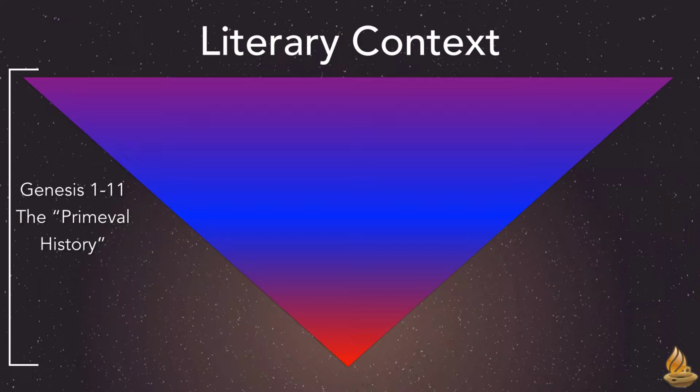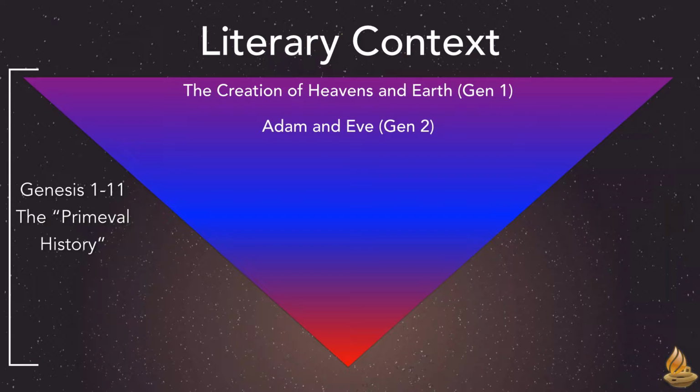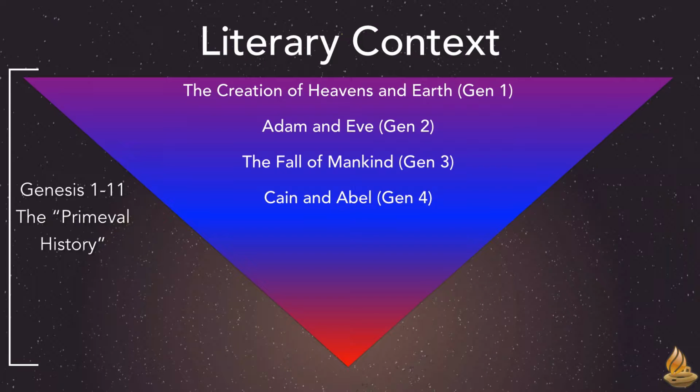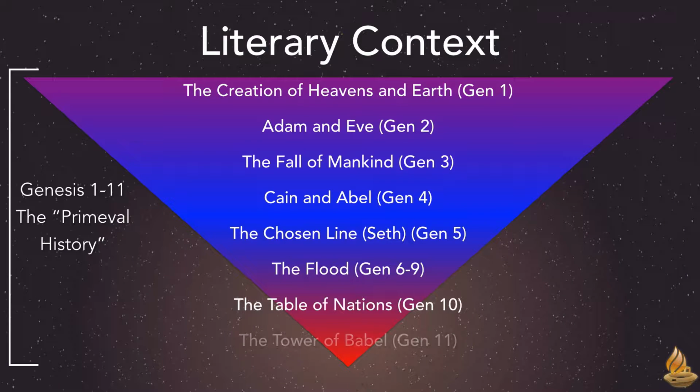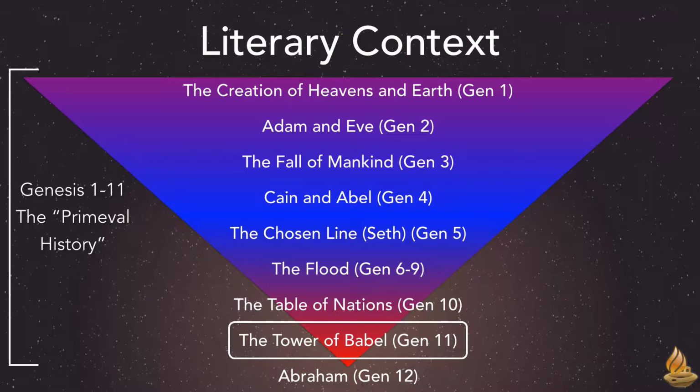It covers, and I'll just roughly identify the main chapters here, the creation of the heavens and earth, the story of Adam and Eve, the fall of mankind, Cain and Abel, the chosen line, Seth, the flood, the Table of Nations, the Tower of Babel, and all of this is background for the story of Abraham in Genesis 12, the patriarch of Israel. Our story, the Tower of Babel, lies at the very tip of this first literary unit.